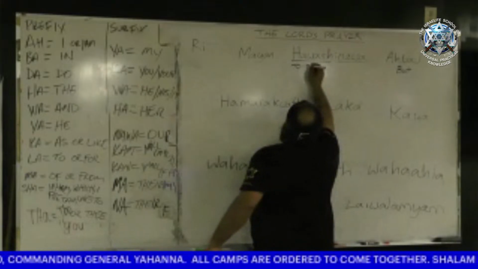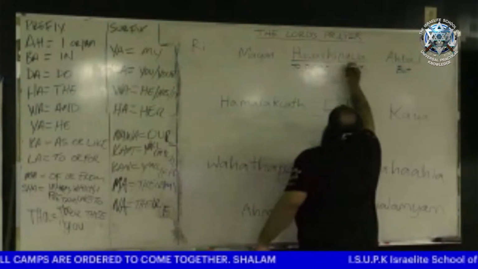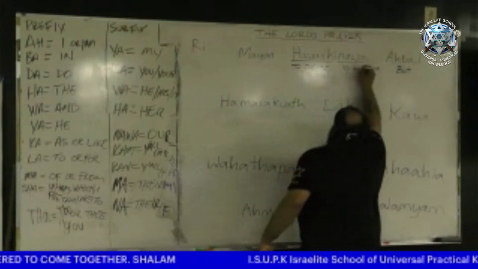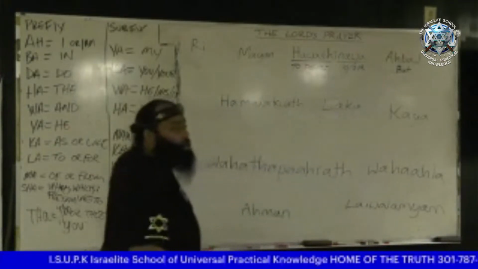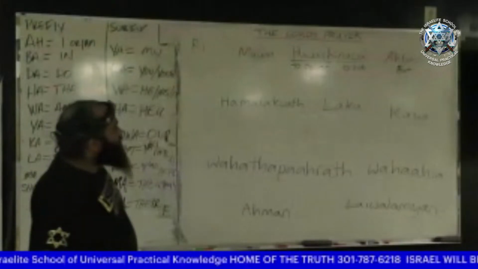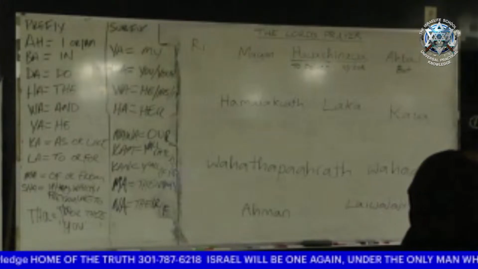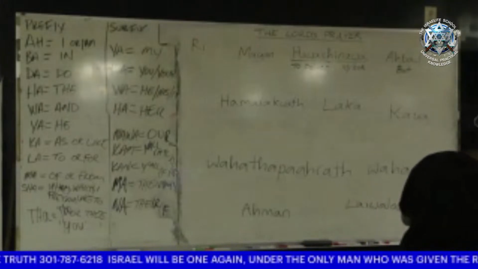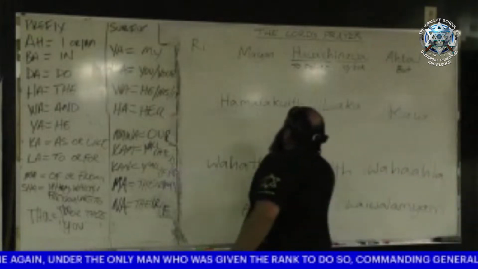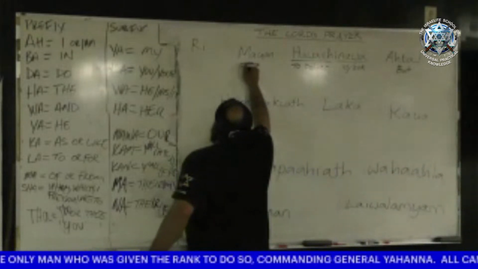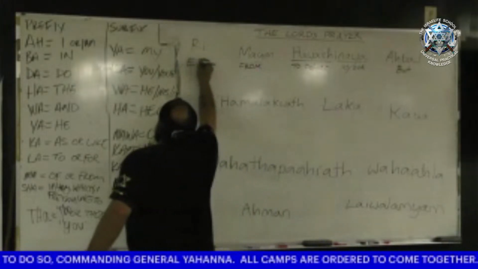So to deliver. Then we got us or our. Then Mayan. Mayan means from, to deliver us from. And Rai means evil.